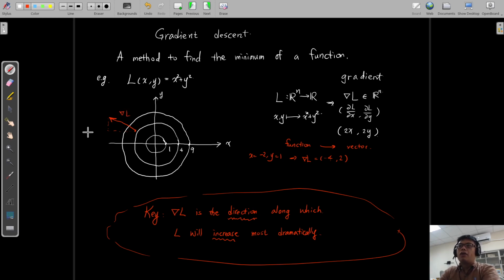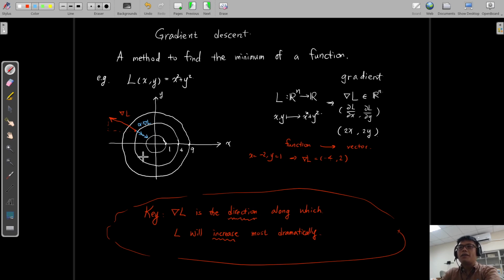So the idea of gradient descent is that every time you just move in the opposite direction of the gradient. And depending on your choice, you can move by a certain scalar alpha times gradient L. And the next time, you will calculate the gradient at the new point and do the moving again.